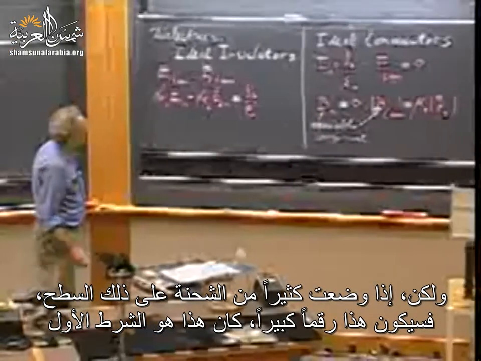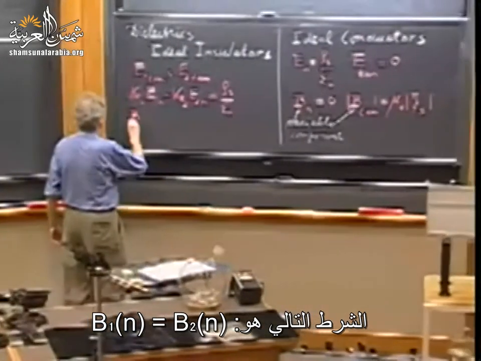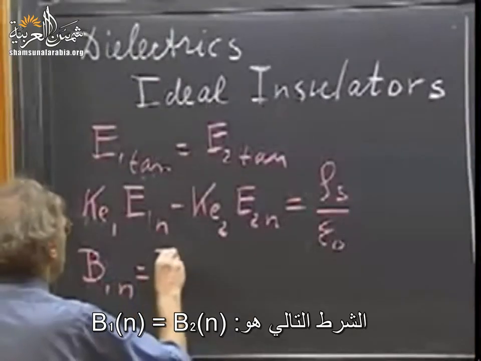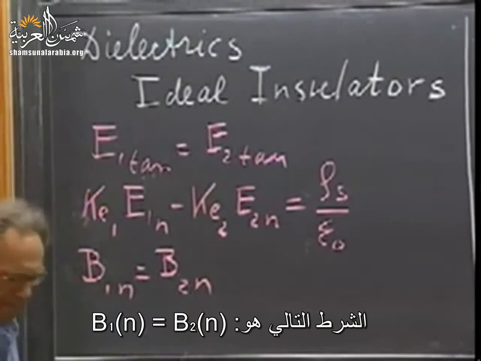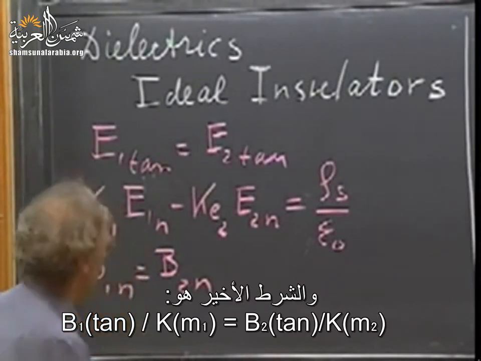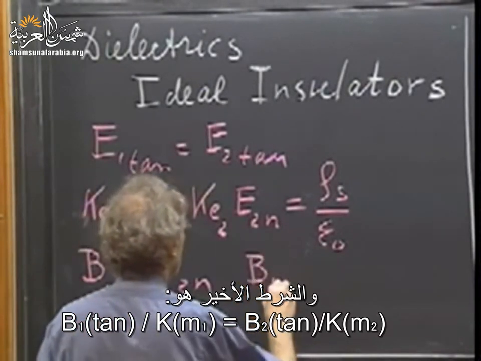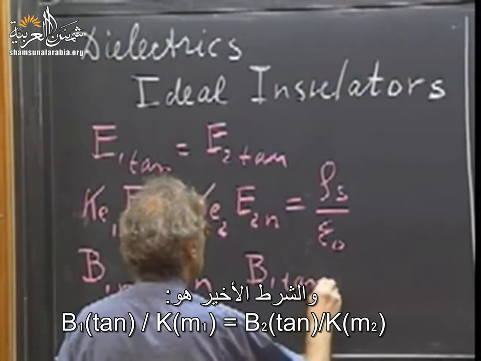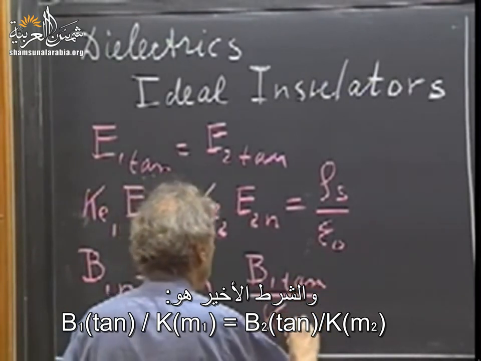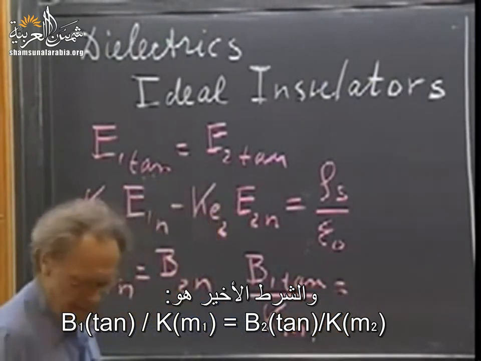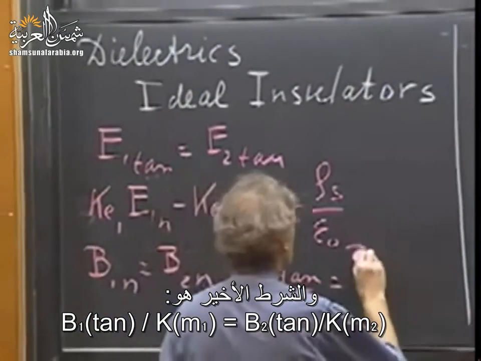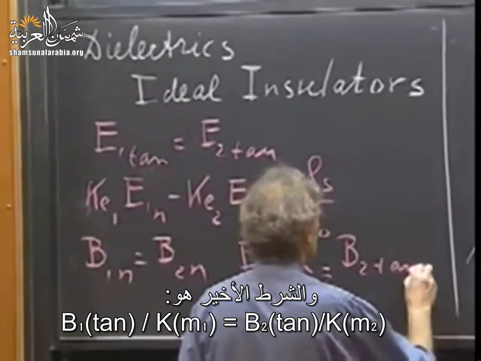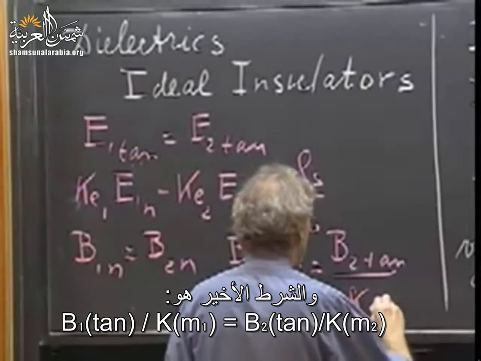And that is the number 1, and then we have B1n equals B2n. And then we have the last one, and that is that B1 tangential divided by kappa M1 is the same as B2 tangential divided by kappa M2.